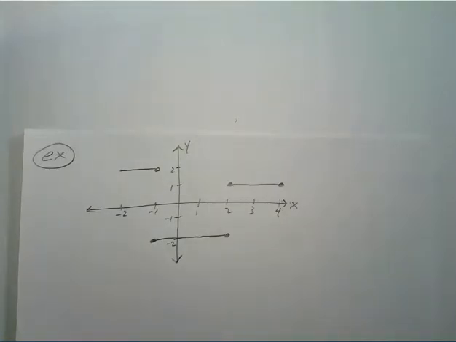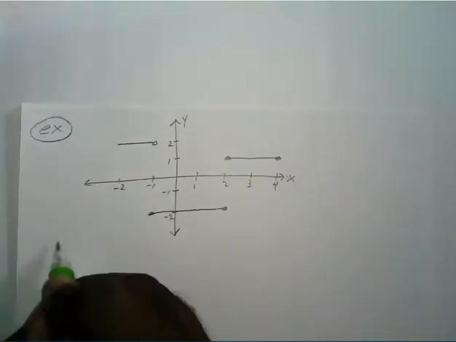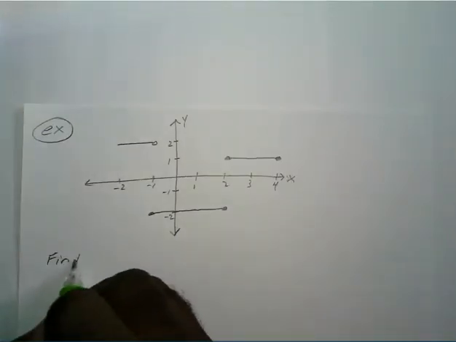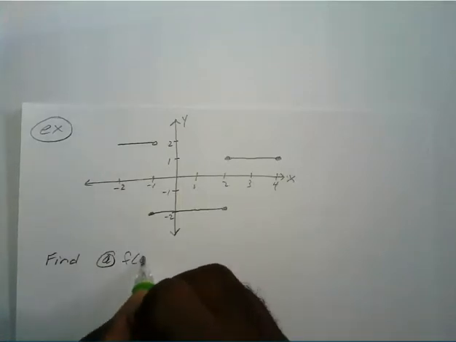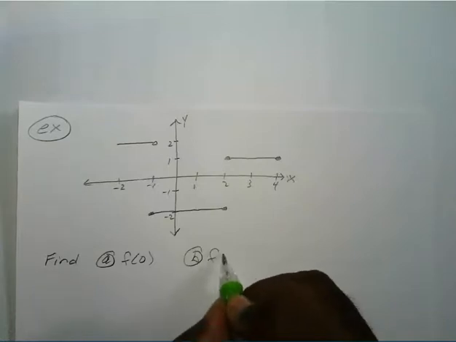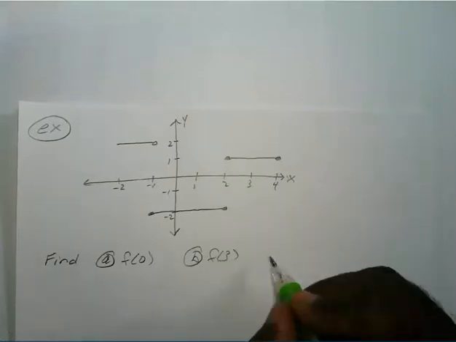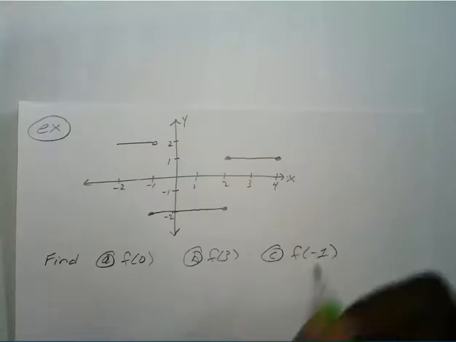Alright, so using this graph, this piecewise function, we want to find, for problem A, f of 0. For problem B, f of 3. And for problem C, f of -1.